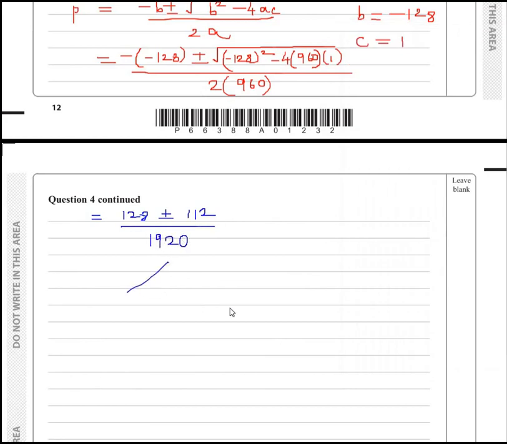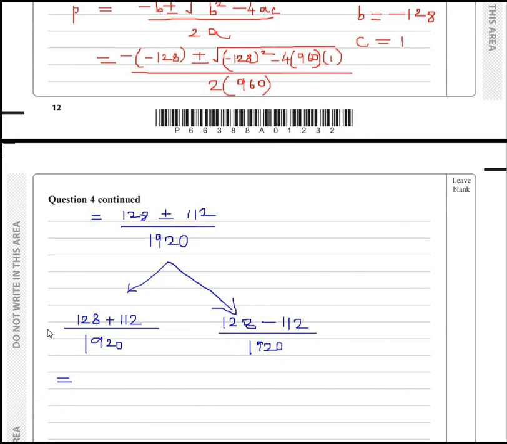So this gives us two values of p, as you can see. We get it as 128 plus 112 over 1920. And another value is 128 minus 112 over 1920.